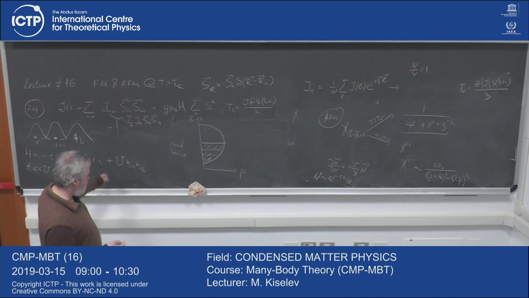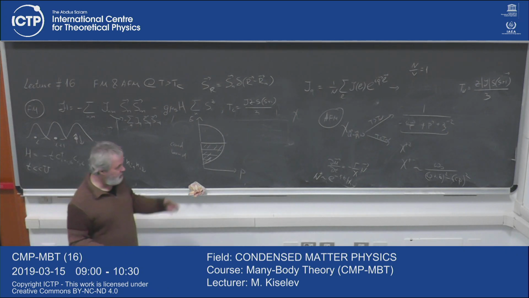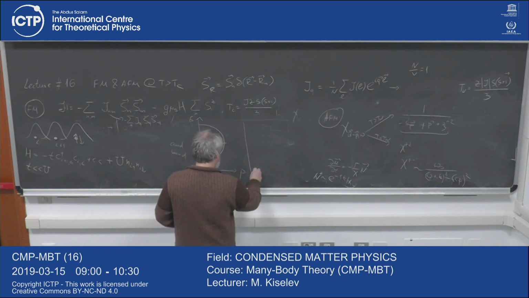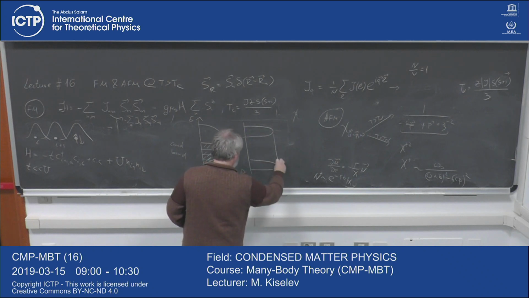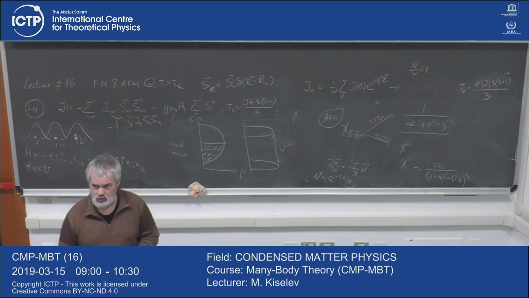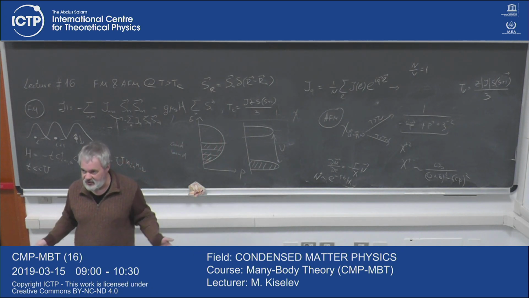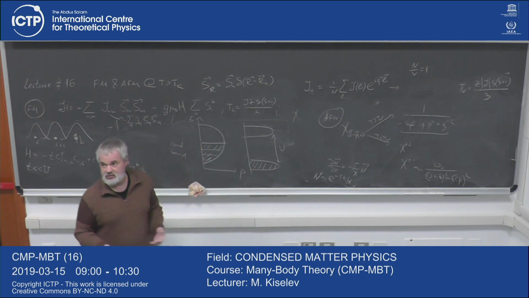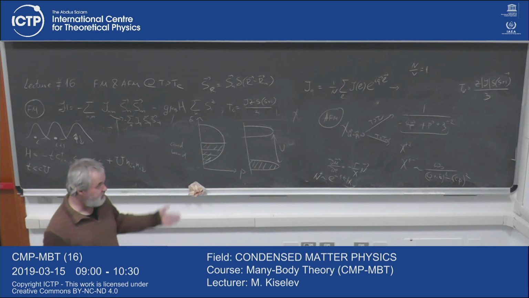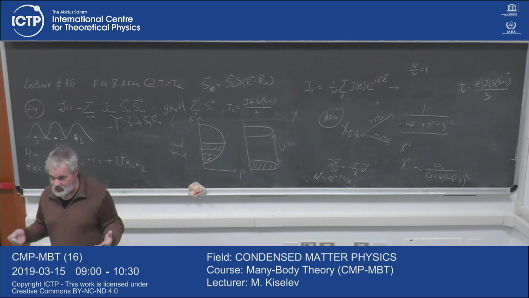At a certain range of on-site interaction, this band is split into two subbands. The splitting is proportional to U. There is a critical value, as long as we are talking about three dimensions. At half filling, one of the bands is completely filled while the other band is completely empty, and there is a gap between them. So at this critical U, we have a metal-insulator transition.